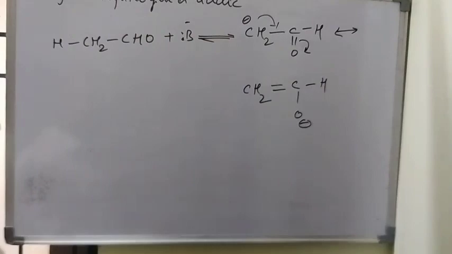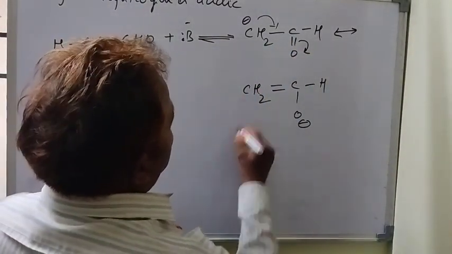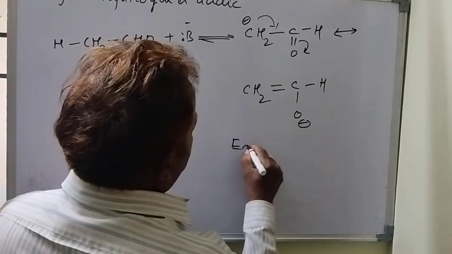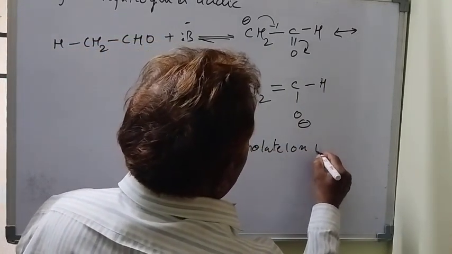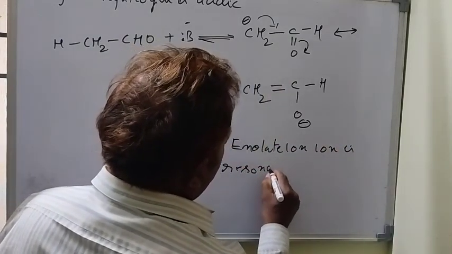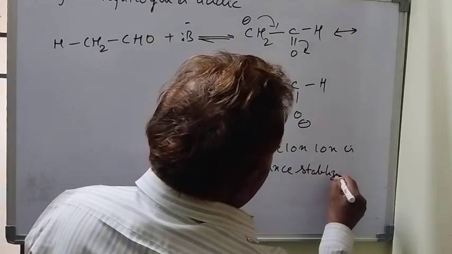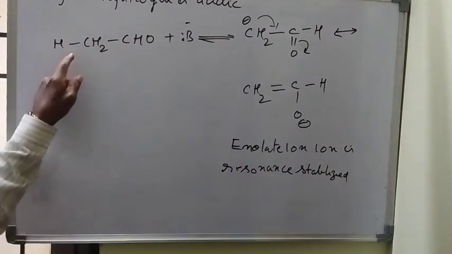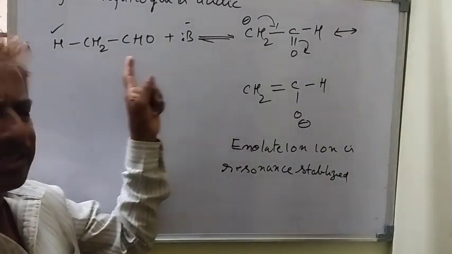So what happens? These two are in resonance. Therefore the enolate ion is resonance stabilized. That means after removing this alpha hydrogen, because this hydrogen is removed, this is referred to as acidic.